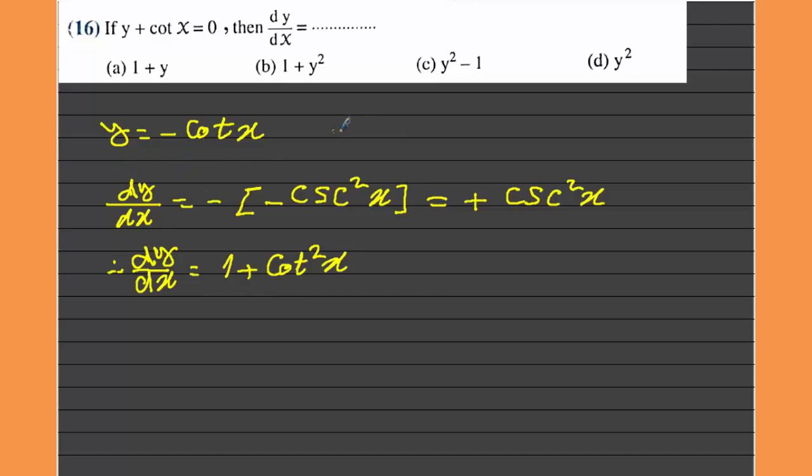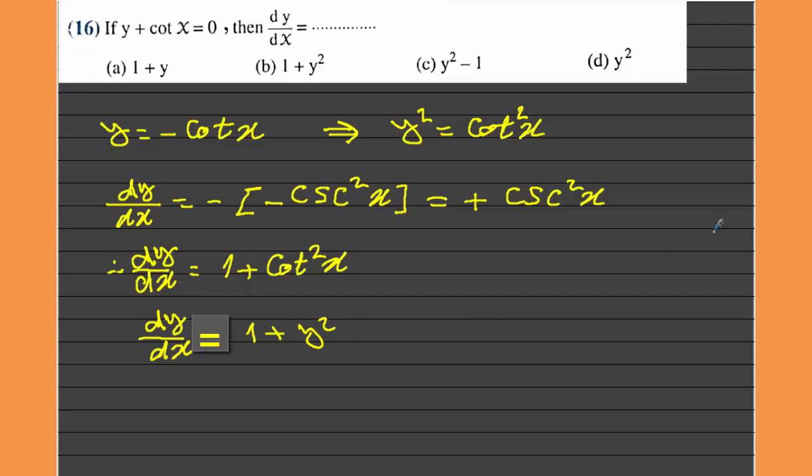Here, if you square the two sides, we will get y power 2 equals cotan power 2 x. So dy/dx equals 1 plus y square. And we choose letter B.